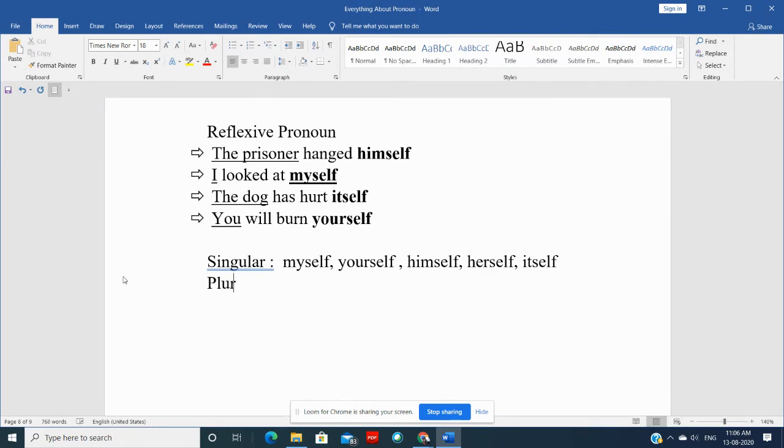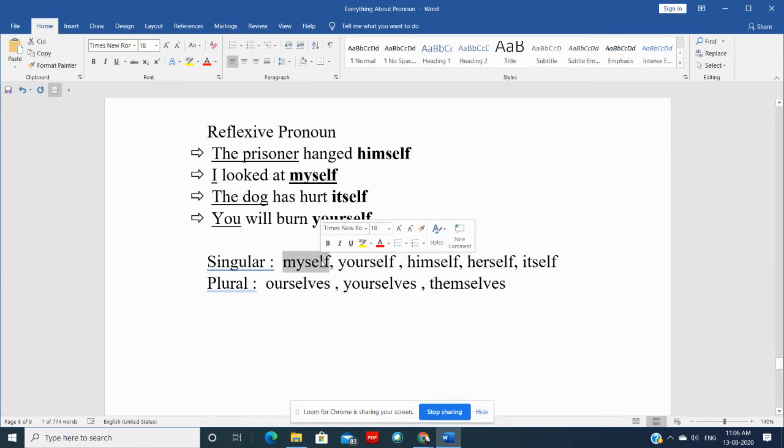And for plural, we use ourselves, yourselves, themselves. Remember, in singular, it's just SELF, but in plural, it's SELVES.